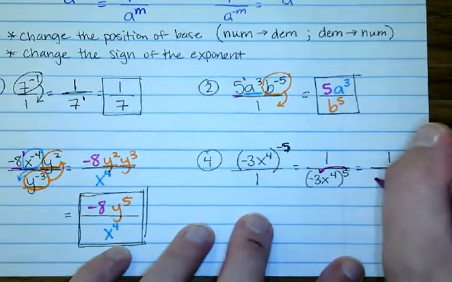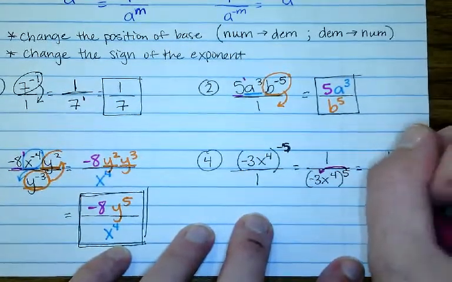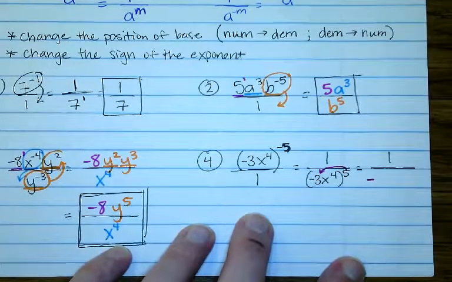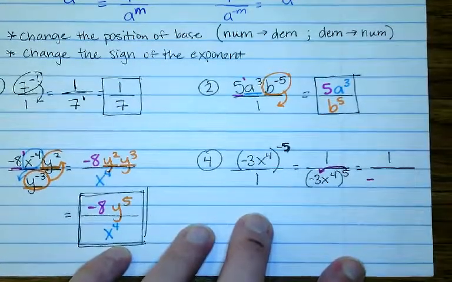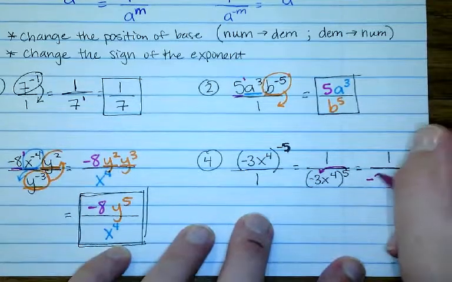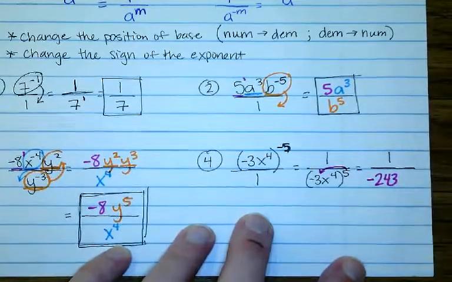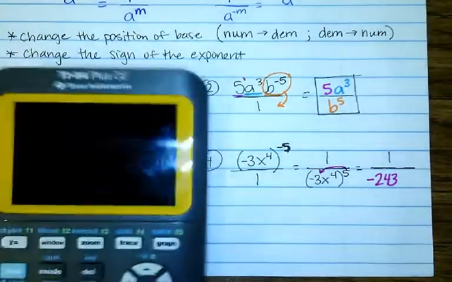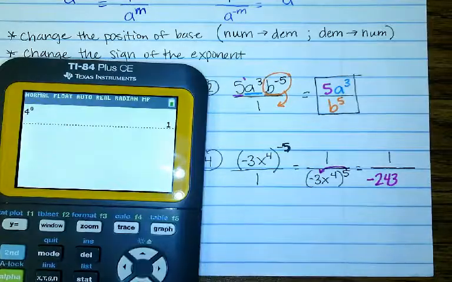I believe it's a negative. Negative 243. If you're struggling with that, you just do negative 3 raised to the 5th power, and that gave us negative 243.